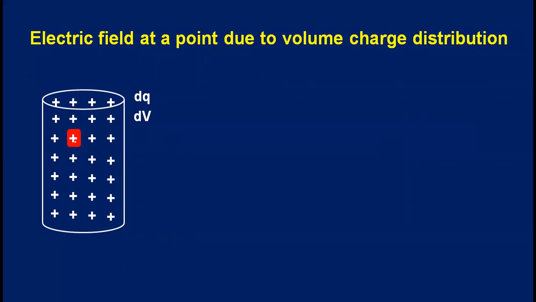So let me choose a charge element over here, which carries a charge dq and whose volume is dV. Now let me choose the reference point P, which is at a distance of r from the charge element. Let r cap be the unit vector, which is directed from the point charge, dq here, to the reference point P. Now let me find volume charge density with respect to the charge element.